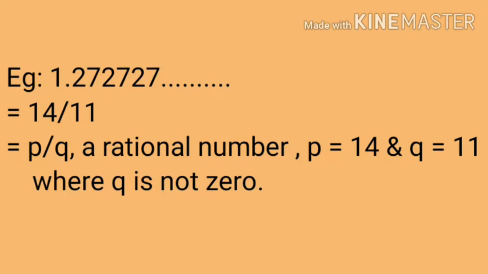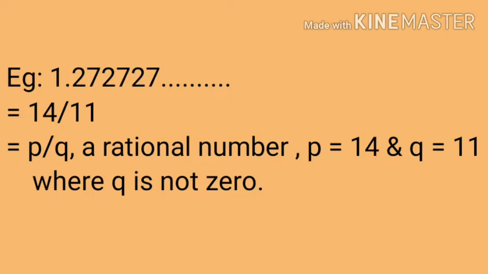Let us take one more example, which is a non-terminating and repeating decimal. Example: 1.272727... Here, in the decimal part, the group of digits 27 is repeating. Okay? If we convert this non-terminating and repeating decimal into a rational number, it is equal to 14 upon 11, okay, which is in the form of p by q.